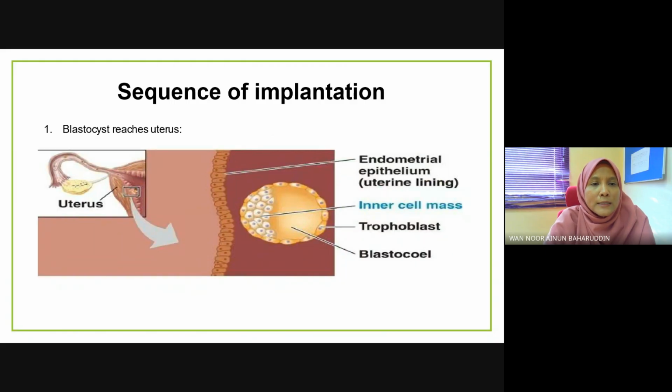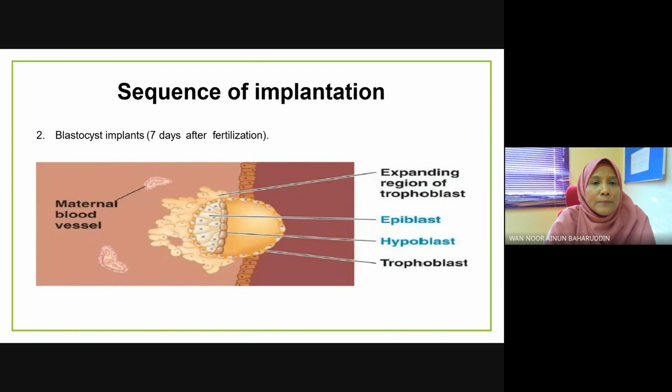Once it reaches the uterus, we have the trophoblast and blastocoele, and the endometrium lining. The blastocyst will implant 7 days after fertilization inside the mother. This one is the mother, this one is the baby.